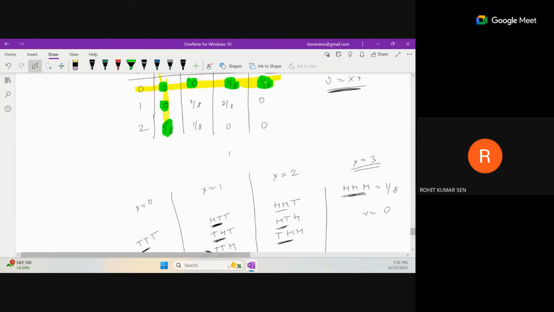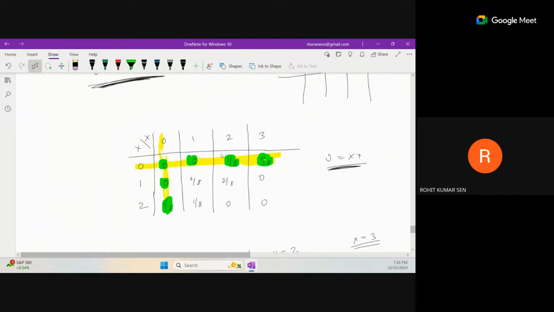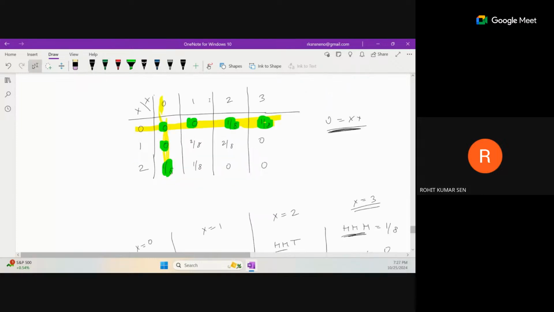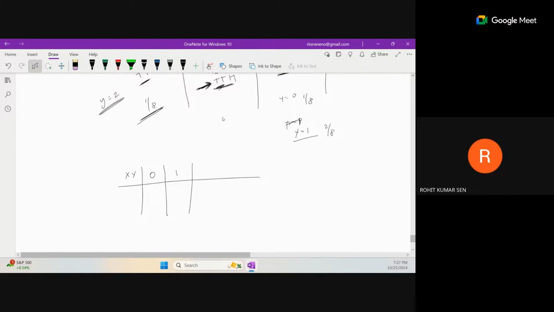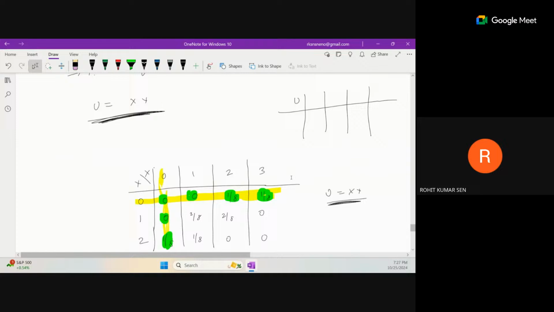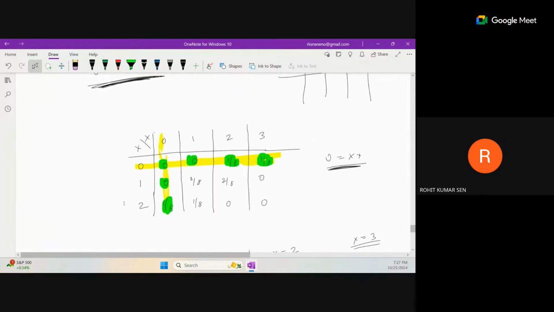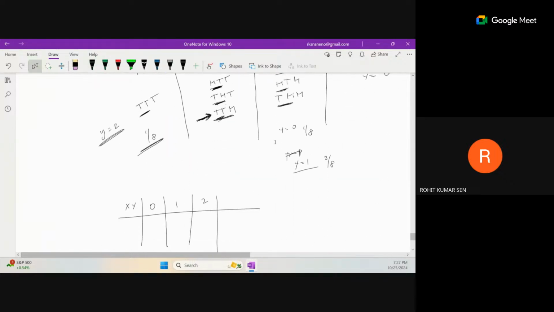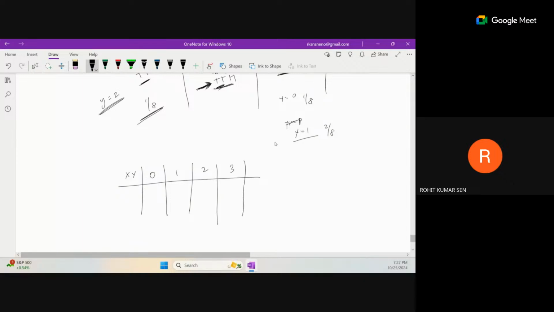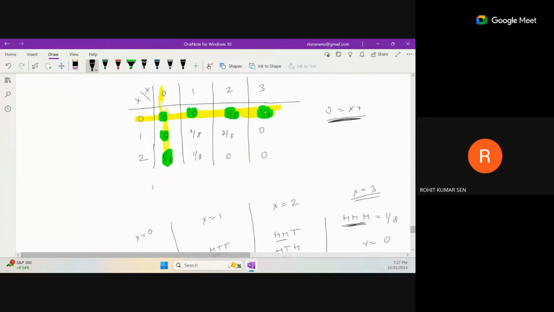So I will write it. xy can be 0 in these cases, and xy can be 1 also, 1 into 1. xy can be 2, 1 into 2, also. xy can be 3 also, and xy can be 4 also, 2 into 2 is 4, right?